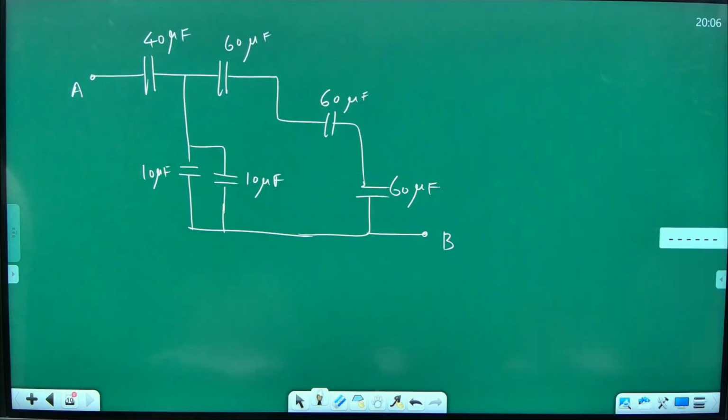Find the C equivalent between A and B. Please solve it. Simple question actually. If you are able to understand, it's a simple question.